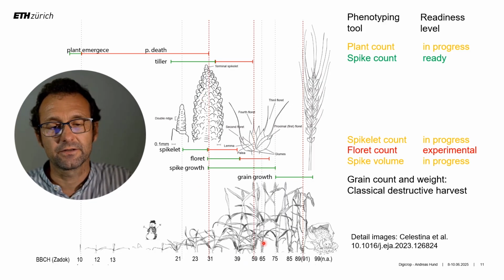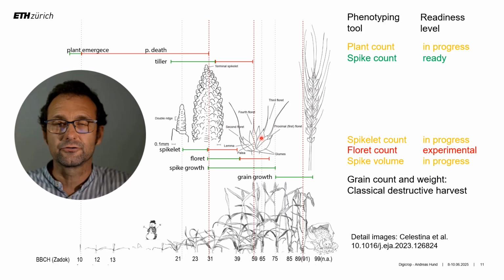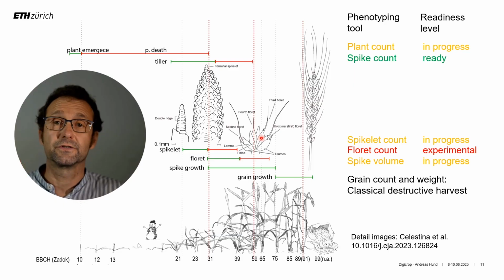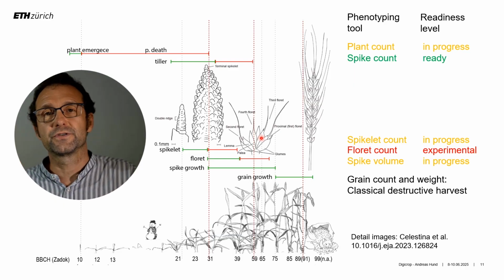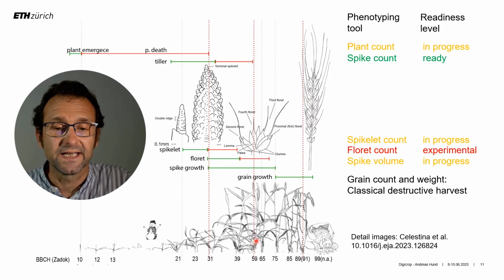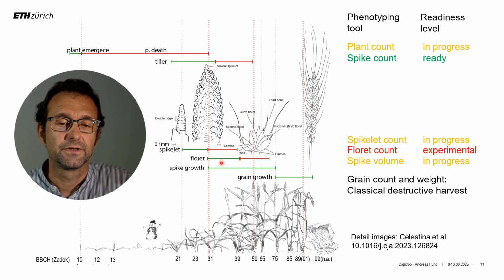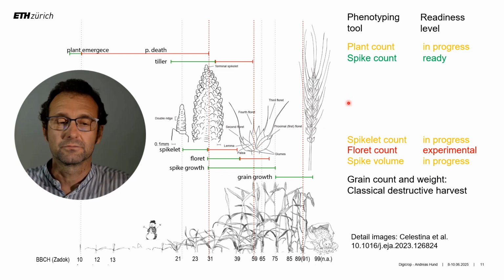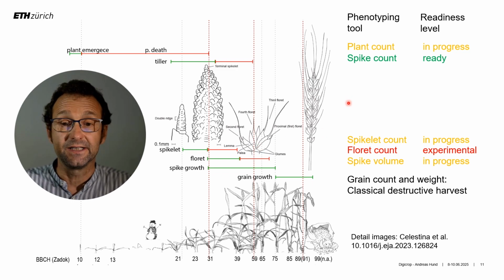And the second thing what happens is then the spike is growing, and the growth is very important. So the partitioning of photosynthetic assimilates to the growing spike are the next important part. And this is also where then the florets grow. So it means more florets getting more resources are leading to bigger spikes.